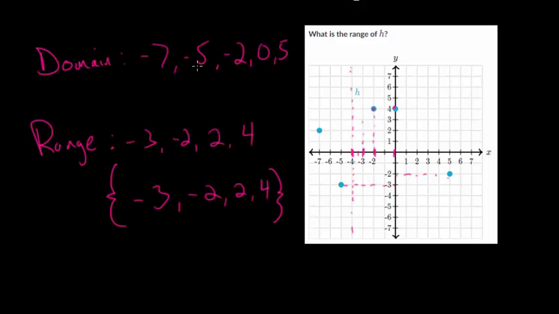And you wouldn't use inequalities here, because if I wrote that x is bigger than or equal to -7, but less than or equal to 5, this assumes that values like -6, -4, -3.8 are all in the domain, which they're not, because we don't have points graphed at those different x values. So this inequality notation just doesn't work when it's a set of points rather than a continuous curve.